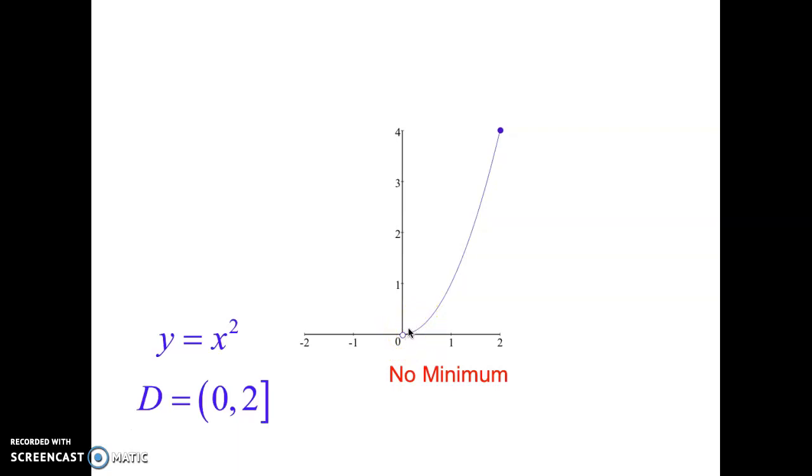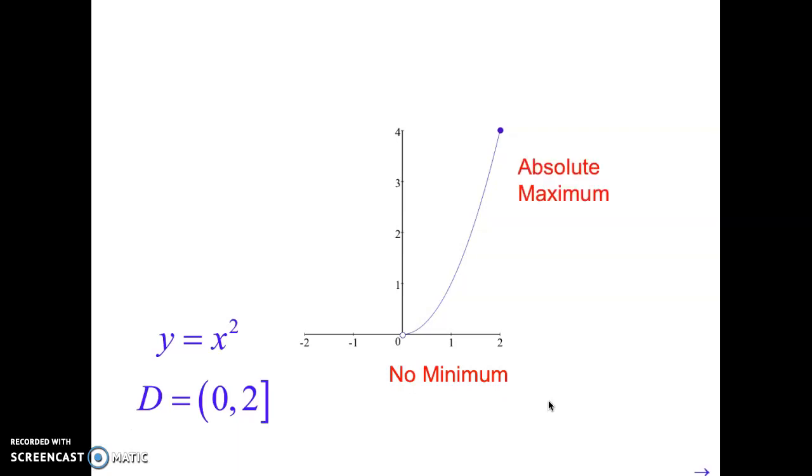Is my output value 0.01? Is my output value 0.001? Is my output value 0.0001? Notice I'm not sure. It's getting infinitesimally close to 0, but doesn't reach 0. So therefore, I don't have an absolute minimum value. There's no exact minimum value or lowest value for this function.